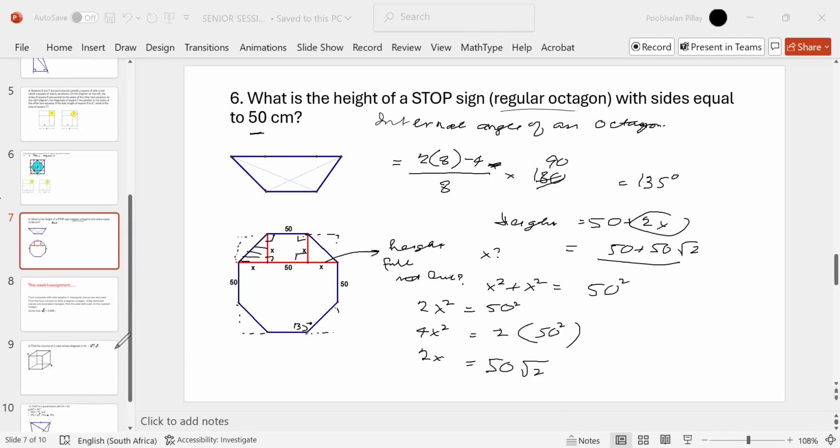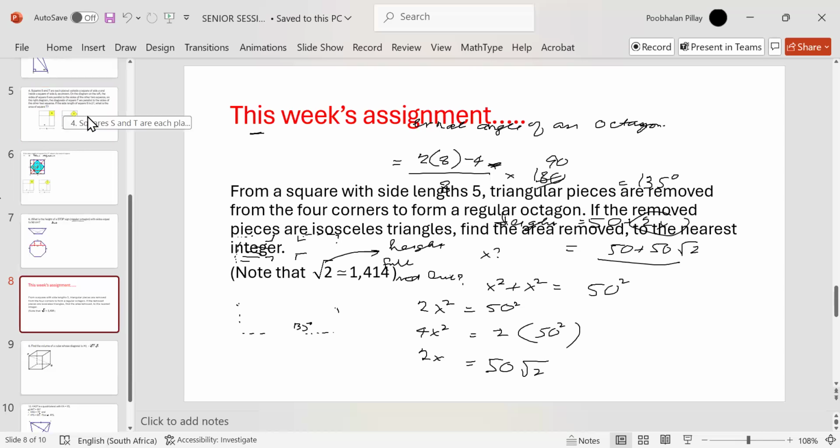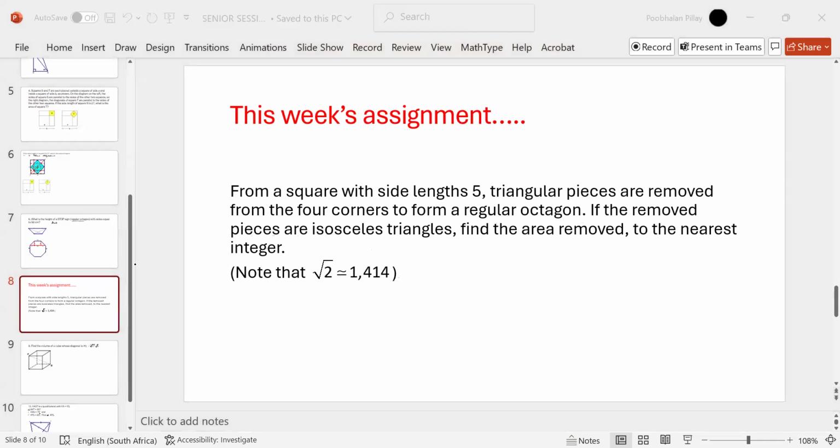Okay, so that brings me to the end of session 6. And the next question was really the assignment question. The assignment's question is very similar to what we have done here. From a square with side lengths 5, triangular pieces are removed from the four corners to form a regular octagon.